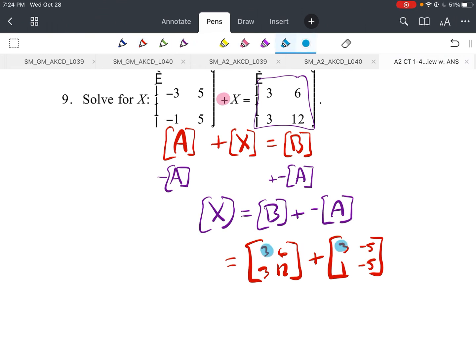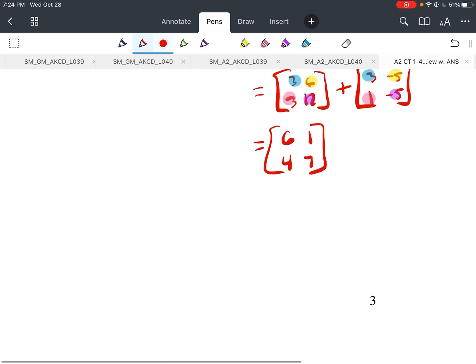So this one and this one, this one and this one, this one and this one. Don't get this confused with multiplication. Nothing told you to multiply here. So make sure you're good on that. All right, so this would be 6, and this would be 1, and this would be 4, and 12 minus 5 is 7. So 6, 1, 4, 7, and we are good to go.